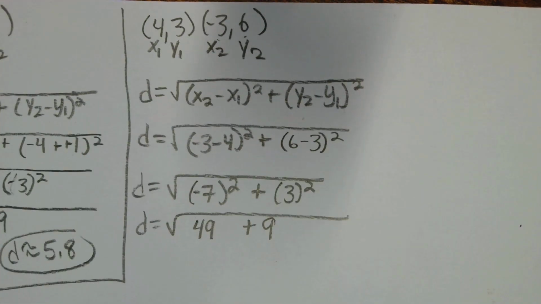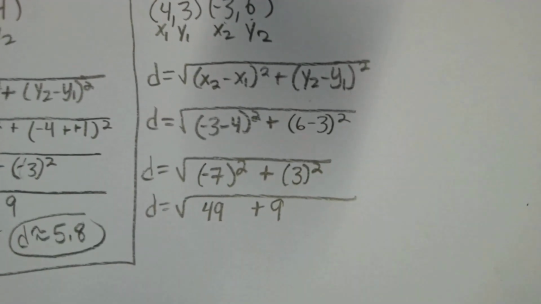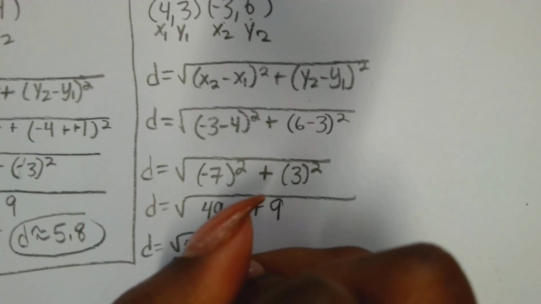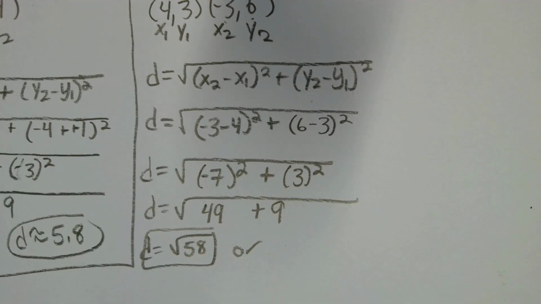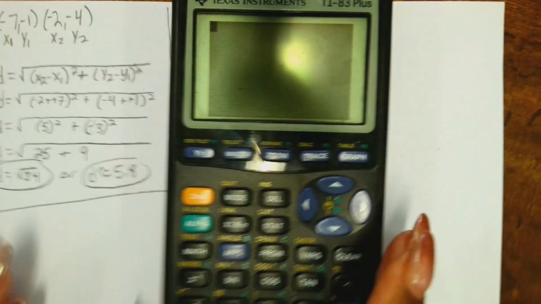So now we're going to add those together. What's 49 plus 9? 58. So our answer is the square root of 58, or we can write it as a decimal. We got second, x squared, 58. Make sure we type it in.